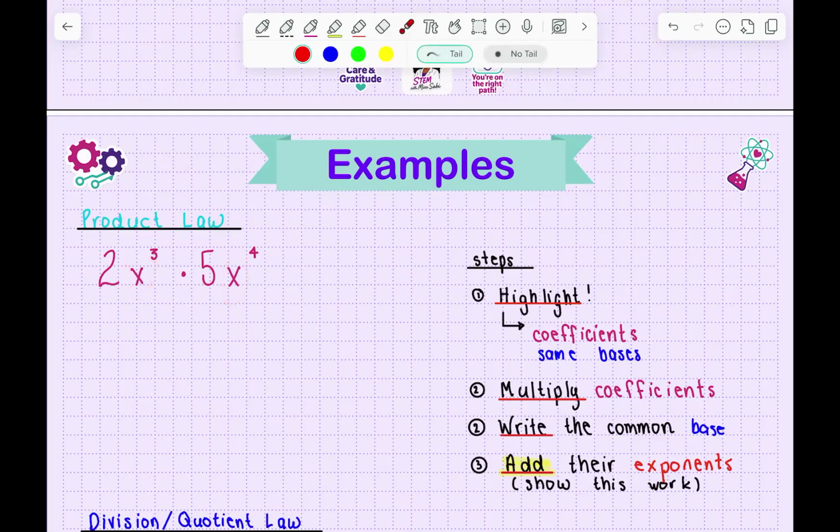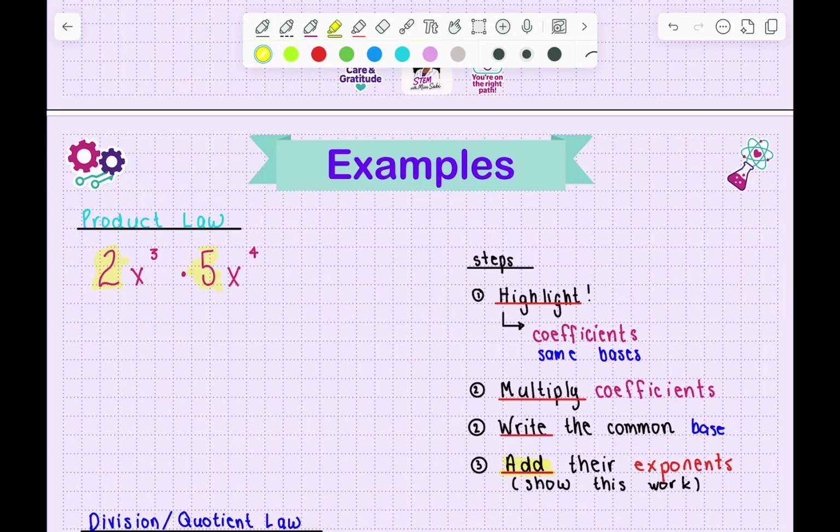The first thing I tell you to do is highlight. I always tell my students, bring highlighters to class so that you can classify things. If there's too much going on, you get confused and make mistakes. So I'm going to highlight my coefficients. Okay, so these are both coefficients.